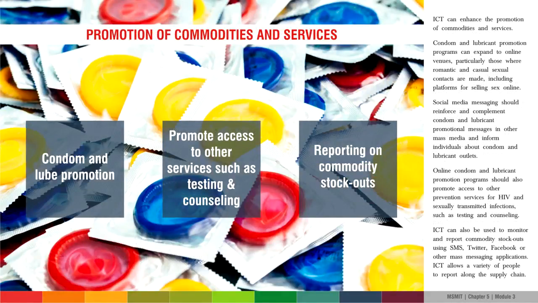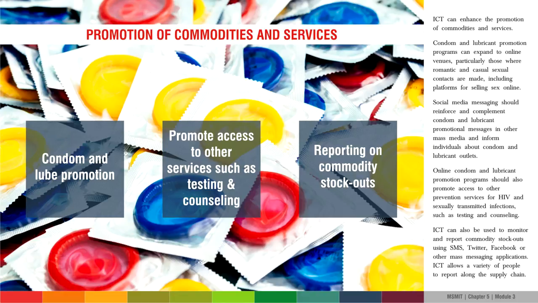ICT can enhance the promotion of commodities and services. Condom and lubricant promotion programs can expand to online venues, particularly those where romantic and casual sexual contacts are made, including platforms for selling sex online. Social media messaging should reinforce and complement condom and lubricant promotional messages in other mass media and inform individuals about condom and lubricant outlets.